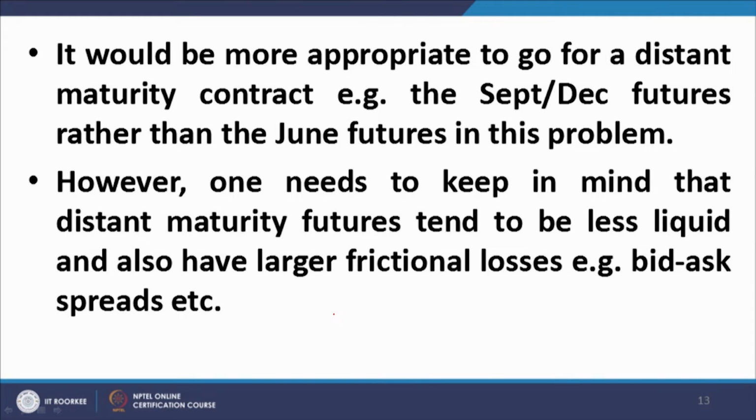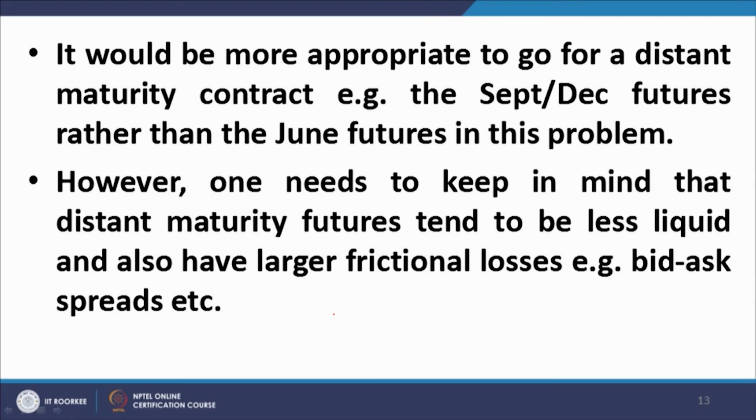Please note that this is not a universal rule. It is not always true that the distant contracts are more viable or more optimal than the close contracts. In this particular problem, when we are having a long hedge and we are having a negative basis, the combination of the long hedge and the negative basis mandates that we look at a distant contract as the optimal contract.